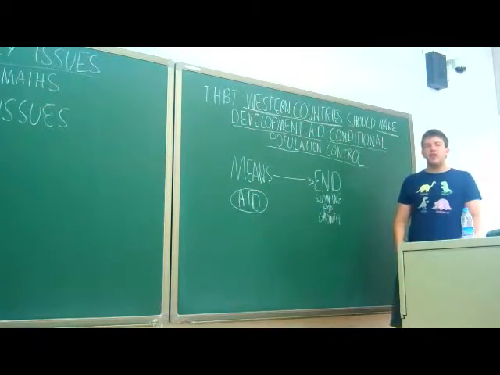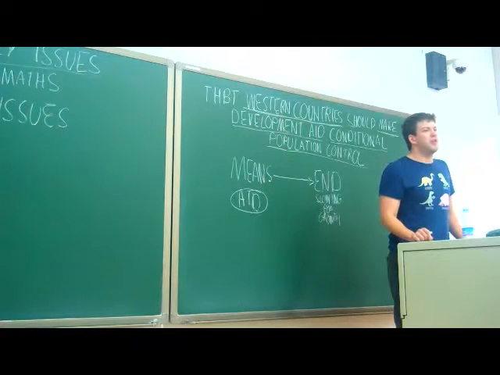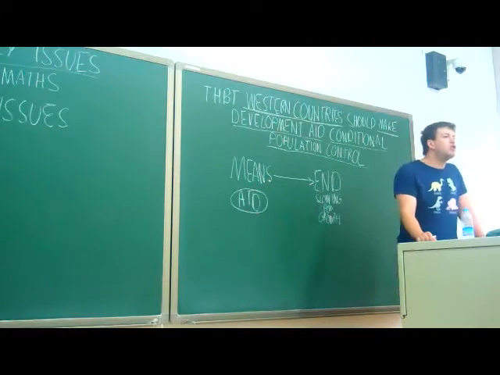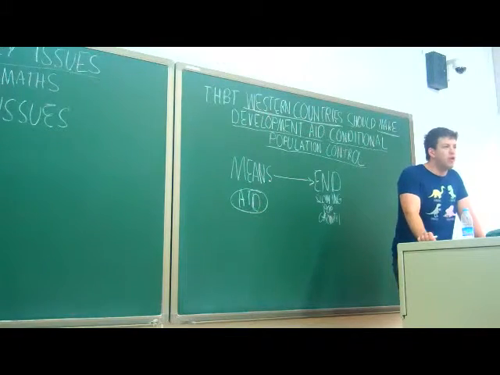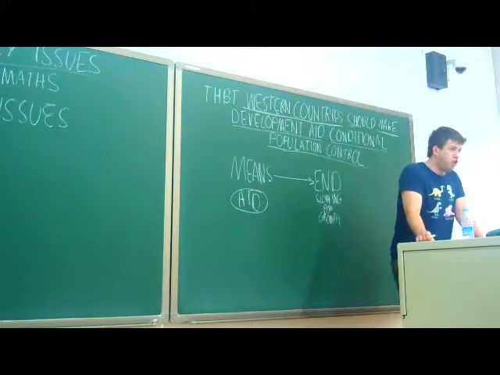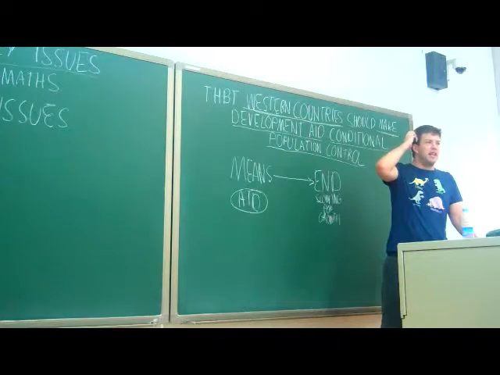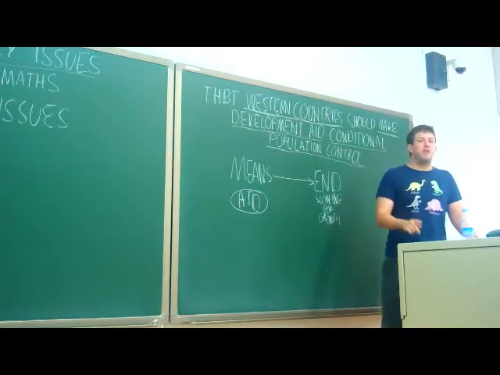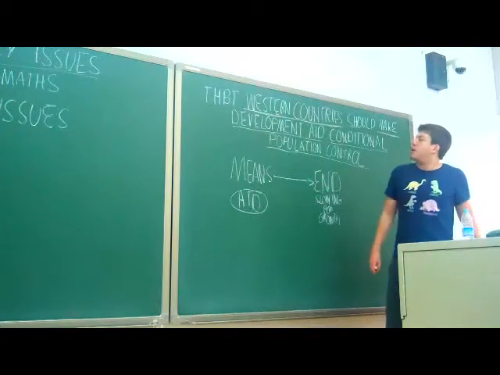An opposition might say, no, no, no. Because the purpose of development aid is to achieve economic growth, you can't try to use it for other social goals, which is what you're trying to do here. Because you're trying to use development aid as a way of slowing down population growth, but that's not what it's about. That's not what it should be about.